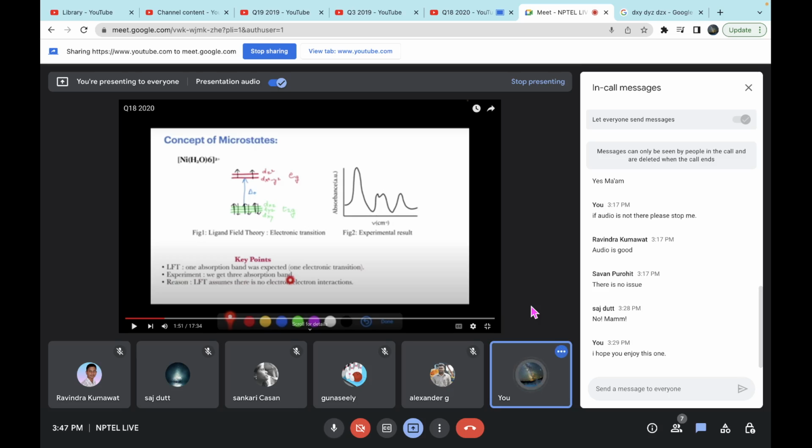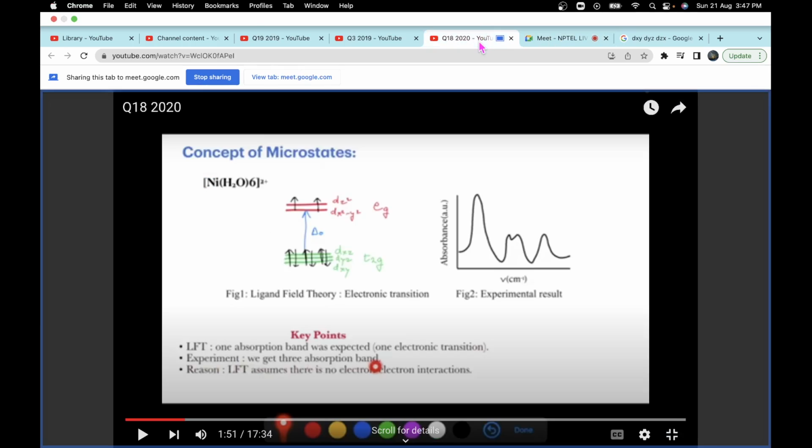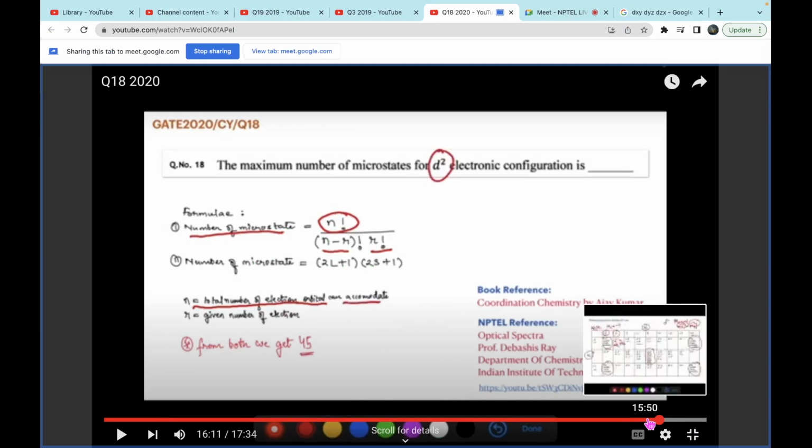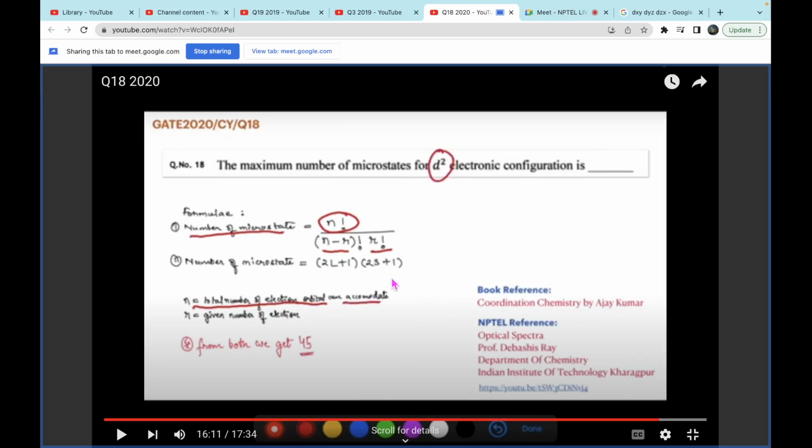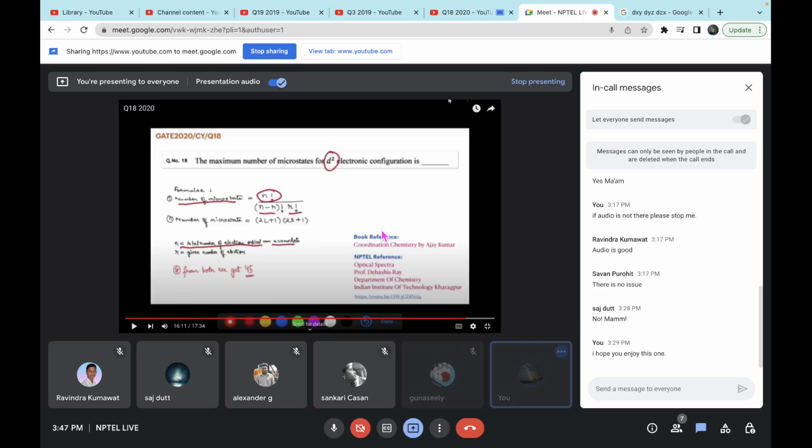I encountered that this formula is used to solve the number of microstates associated with each term. So this formula is only used when you are given any term associated with d2. After you know every term and calculate the number of microstates associated with each term and sum them up, you will get the total of 45.